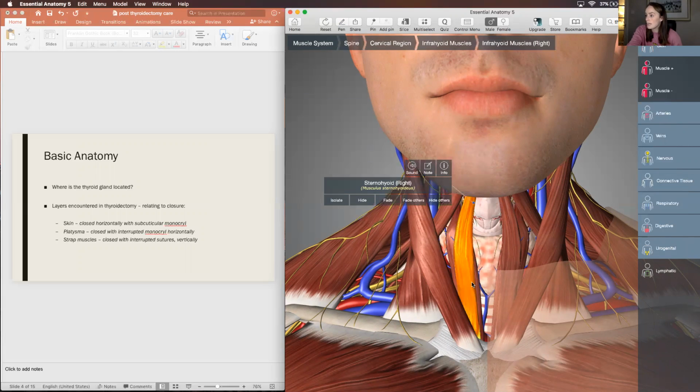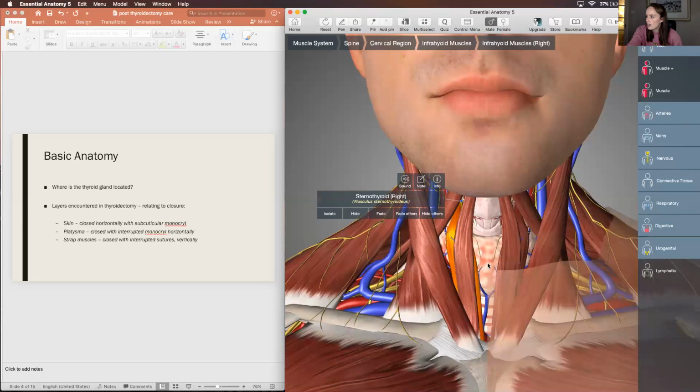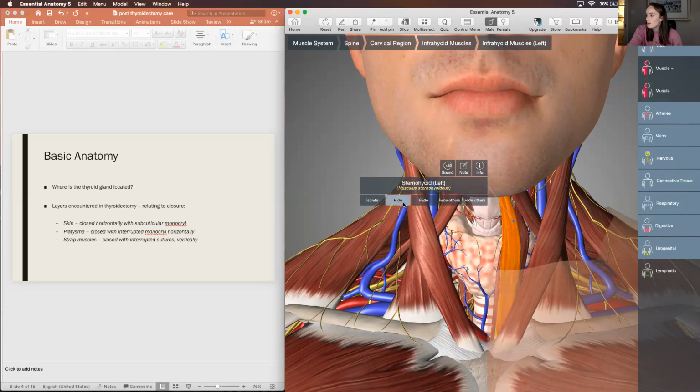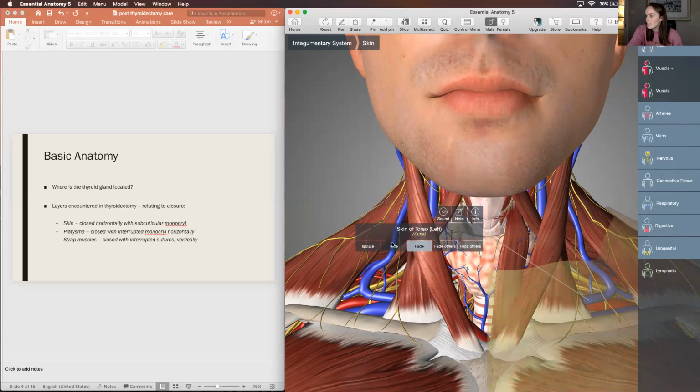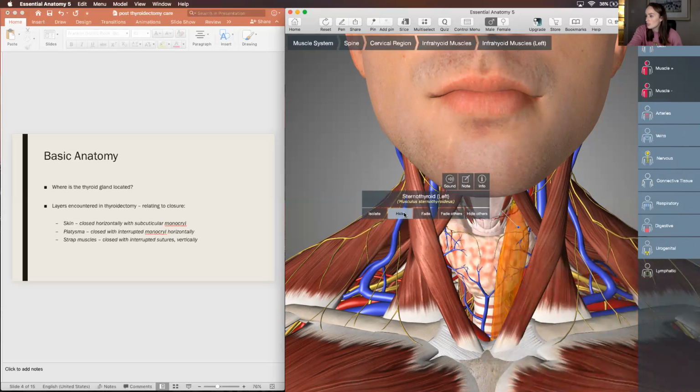In front, we have sternohyoid, and just posterior and lateral, we have sternothyroid. These muscles are not cut during the operation, but they are laterally retracted so that we can access the thyroid gland. Once I've gotten rid of these, you'll be able to see the thyroid gland itself.